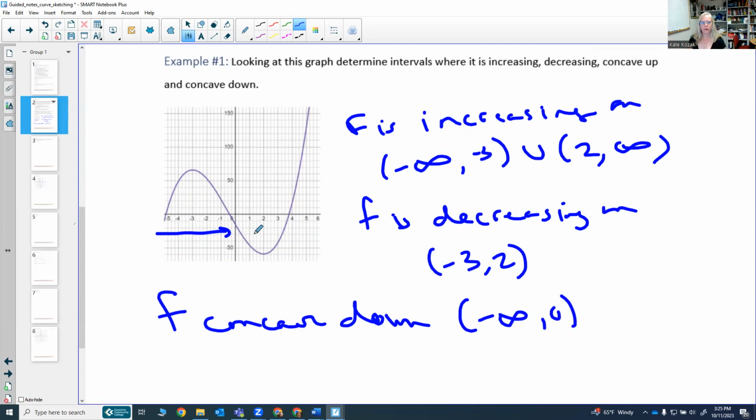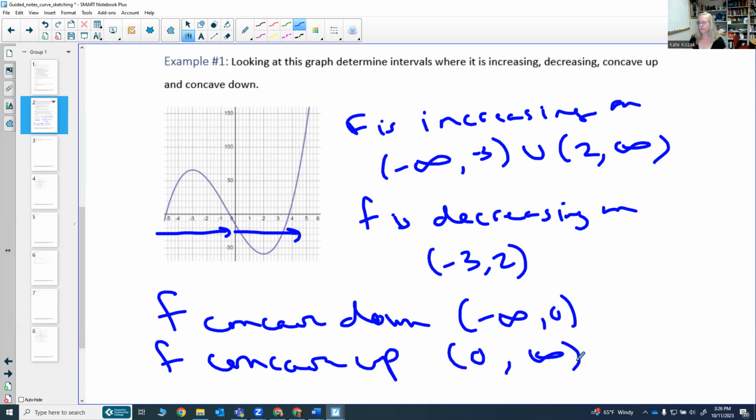And it looks like a bowl from 0 to infinity, so f is concave up from 0 to infinity.